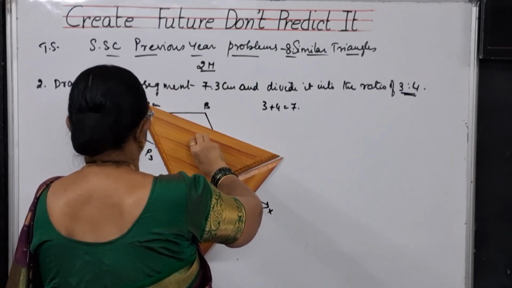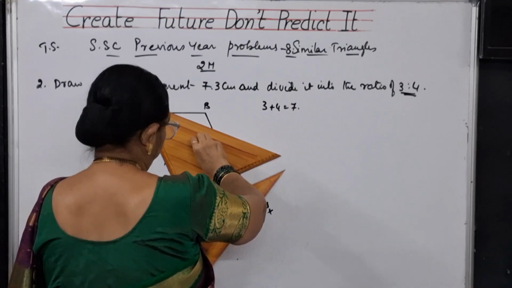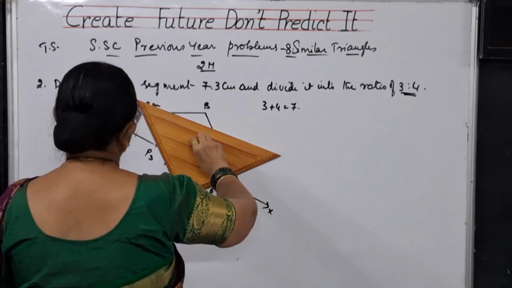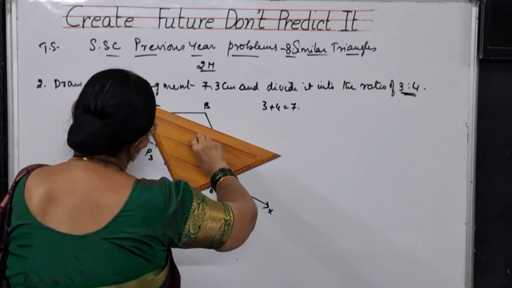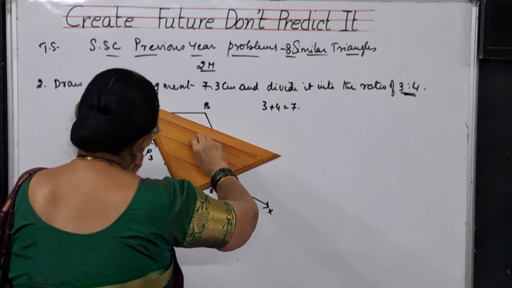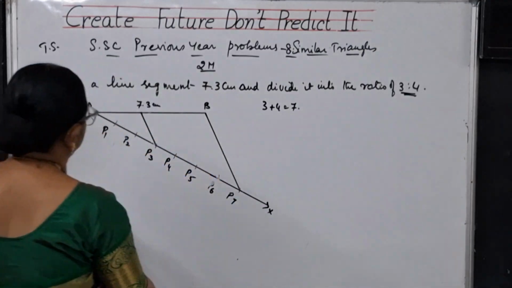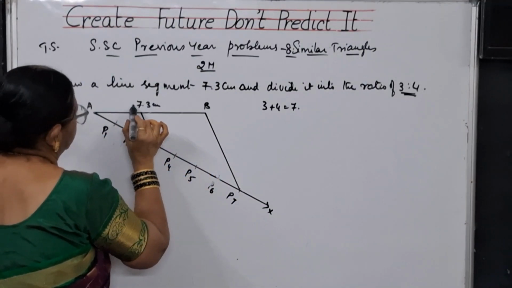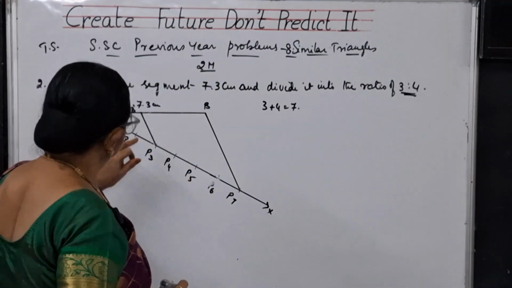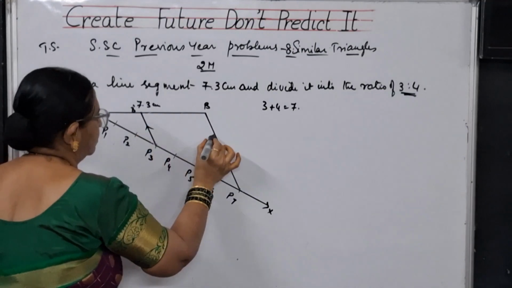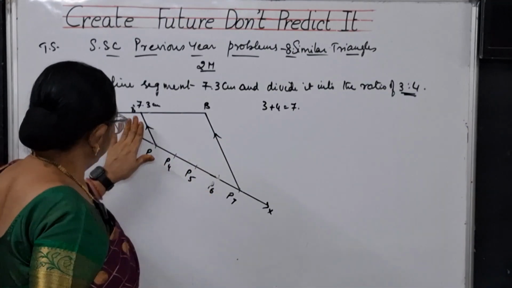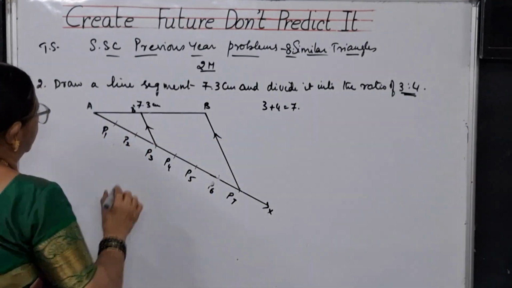So this is P3 point I have got. Then I should join these two. So let me call this point as B dash. So these two are parallel lines that I have drawn. And this is dividing it in 3:4 ratio.